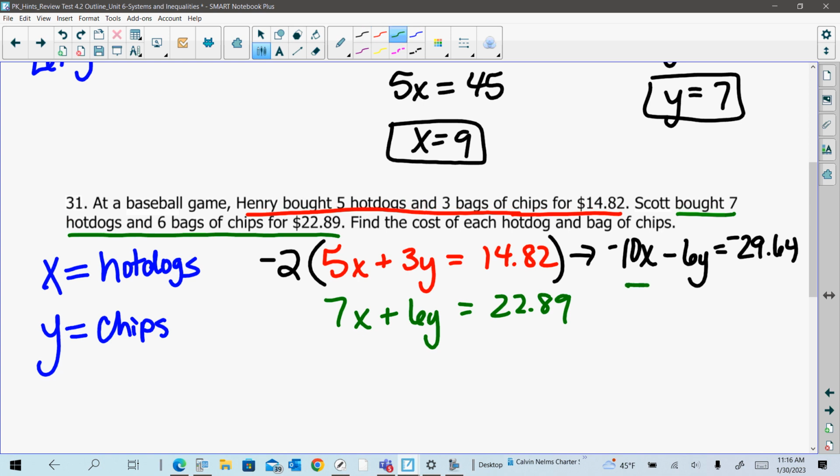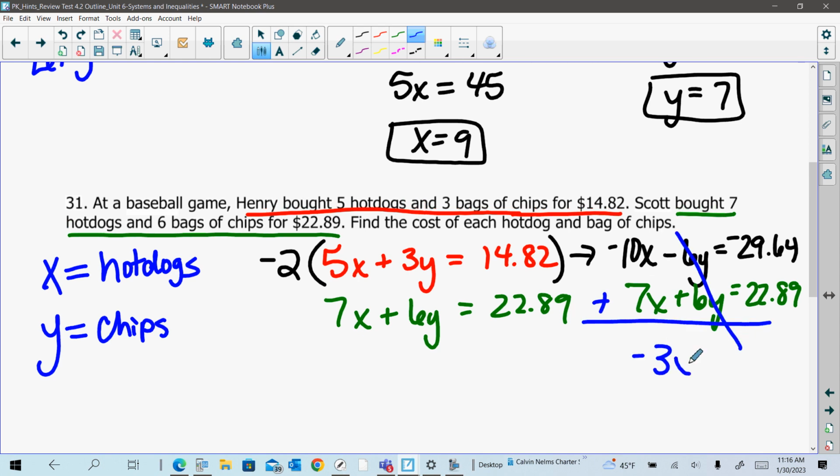And the bottom one stays the same, 7x plus 6y equals $22.89. So now you can add, eliminate the y's. This leaves you with -3x equals a negative, what is it, 6.75?